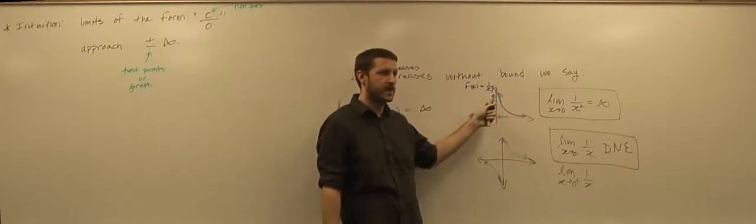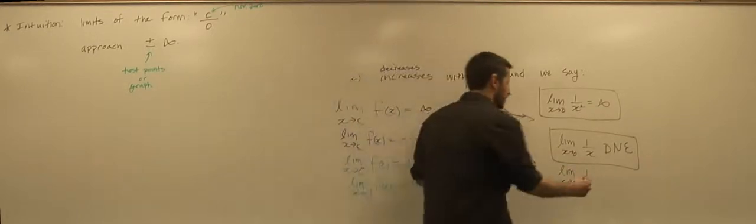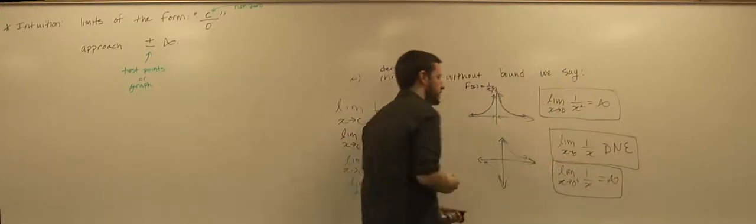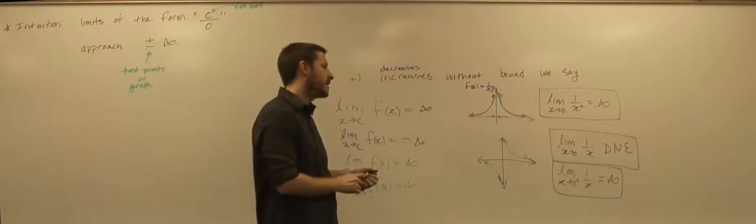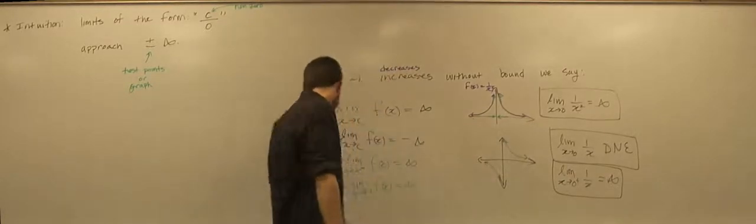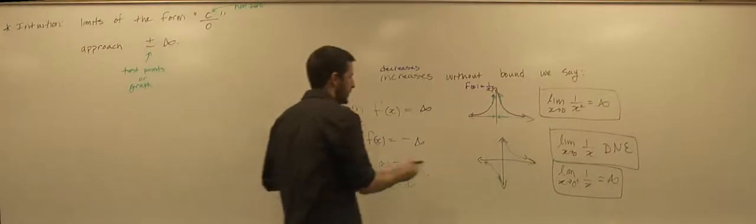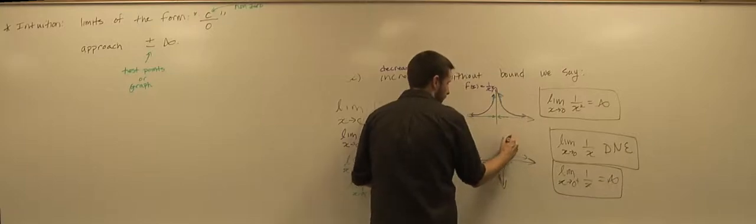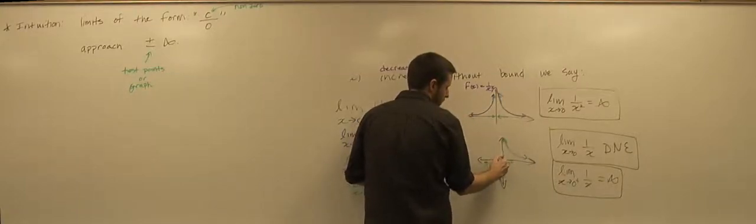Then I shoot off to positive infinity. Similarly, if I go from the negative side, what would I go to? Negative infinity. Positive side of 0, 0 plus, go up here. This is the negative side of 0, go down.